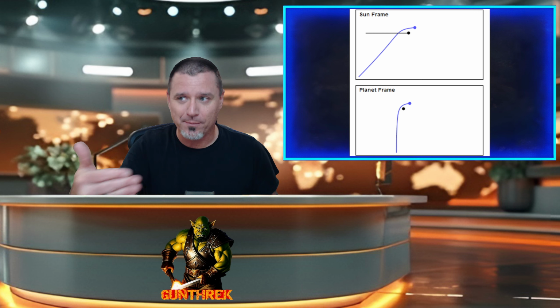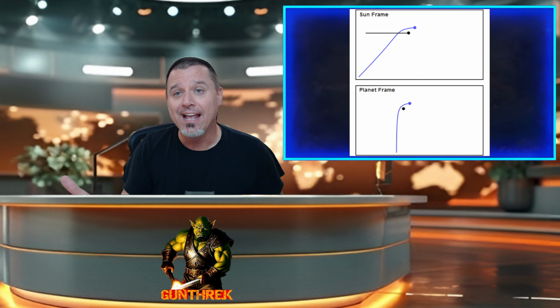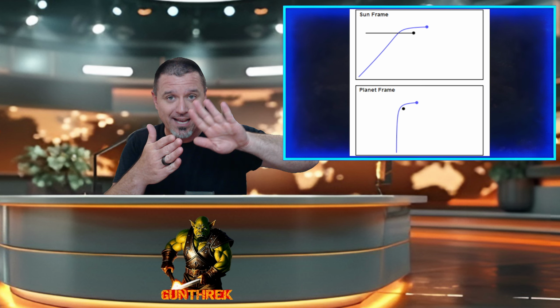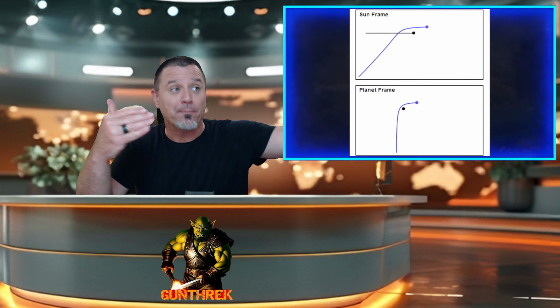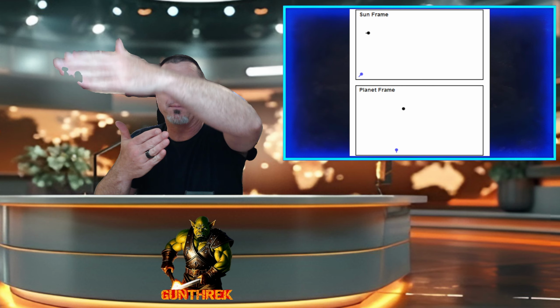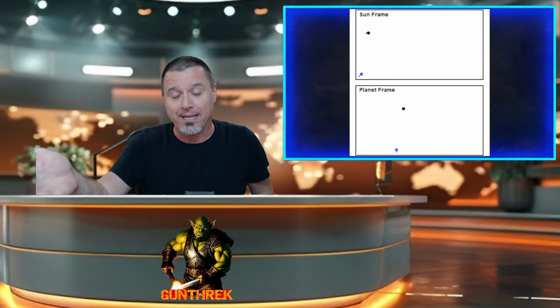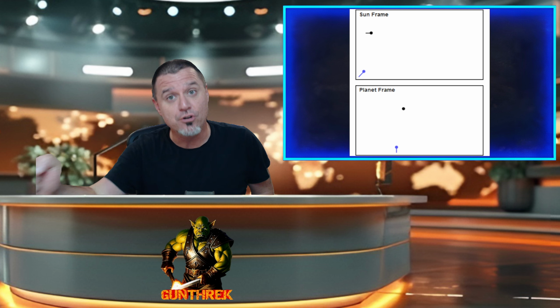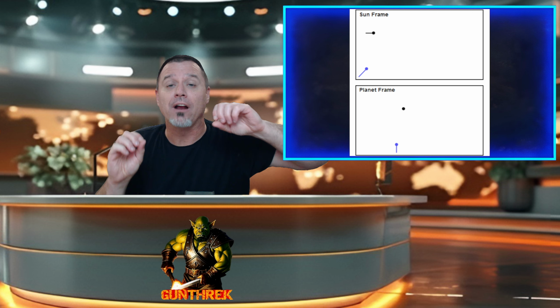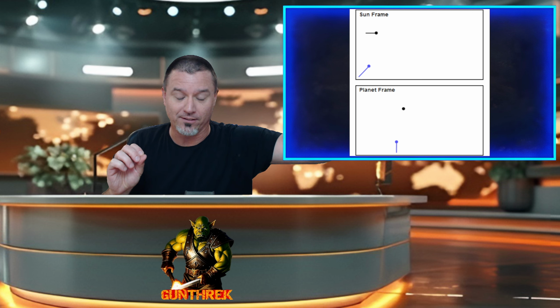So we've gained a little bit of speed by accelerating into that. And then as we leave, from the planet's perspective, we fall into the planet and then we go back out. If you're sitting on the planet, it looks like you just fell in, passed by, went back out, and you're going the same speed. But because the planet is actually moving through the solar system, there's some acceleration that happens there with reference to the sun, right?